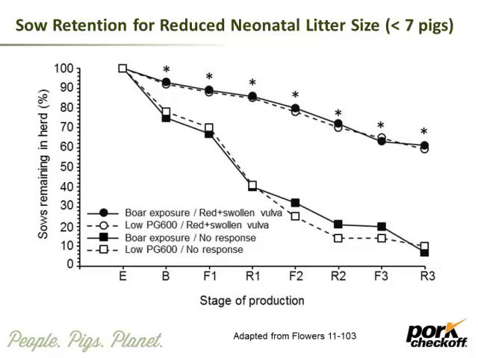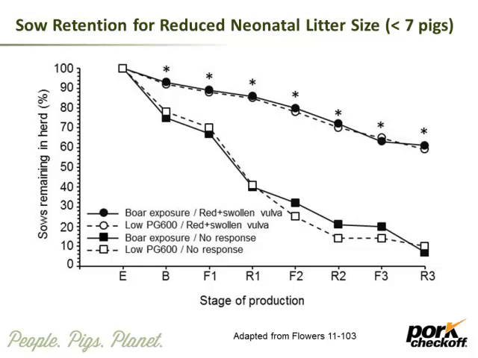Those gilts that experienced a red swollen vulva within a few days after boar exposure or half a dose of PG600 were determined to be responders. I'm sorry, the responders are shown in the top lines here, the circles. The ones that didn't respond are shown in these boxes down here.